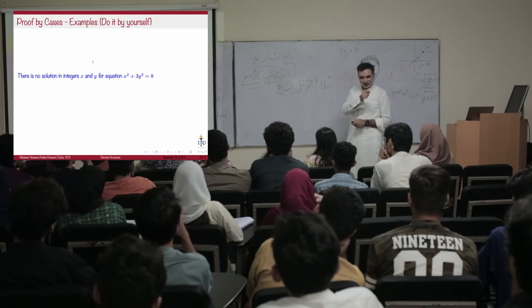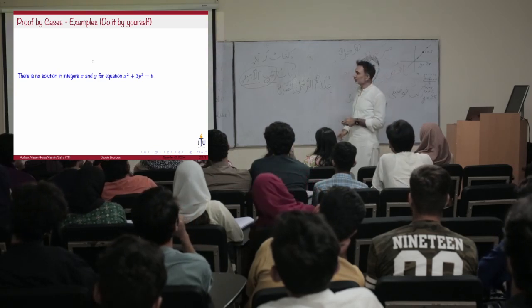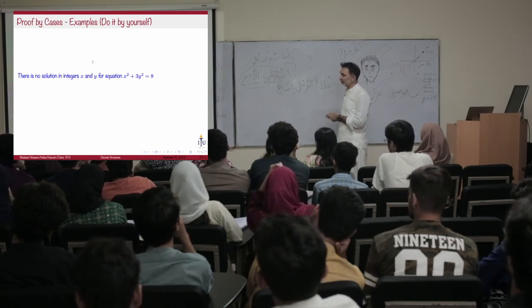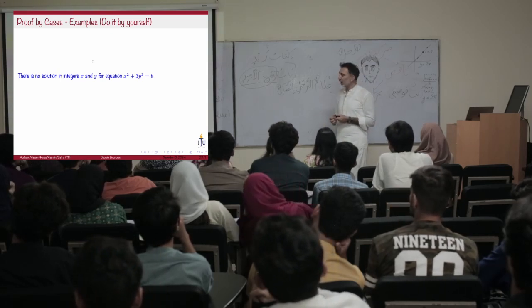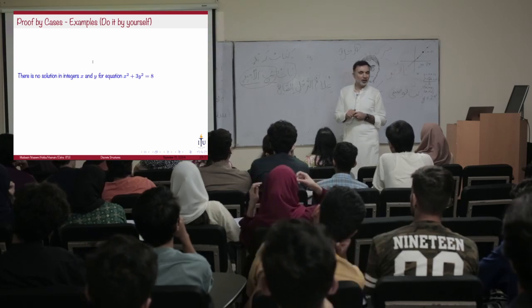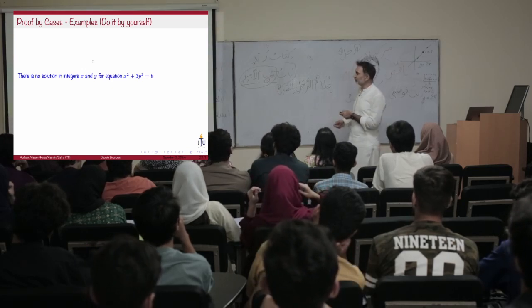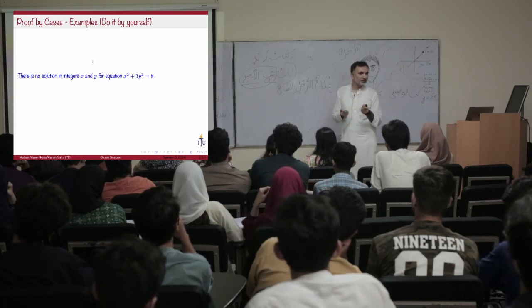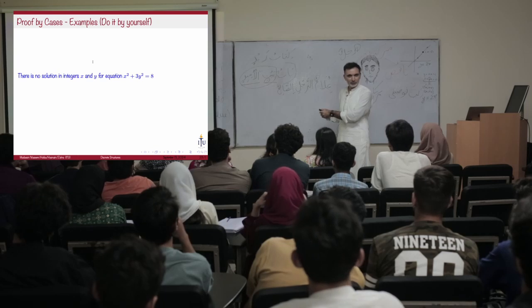So from the previous example and from your general knowledge, you can start by saying that I don't need to check the whole set of integers. I only need to check non-negative integers, because x squared and y squared are going to be the same for negative integers as for positive integers.